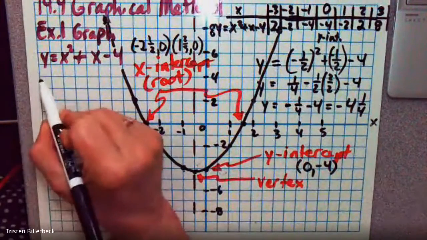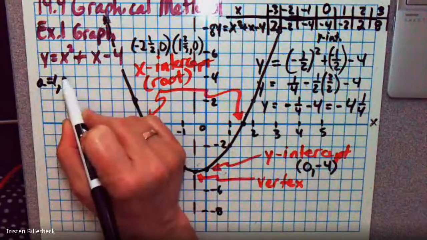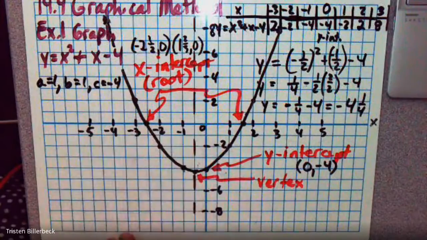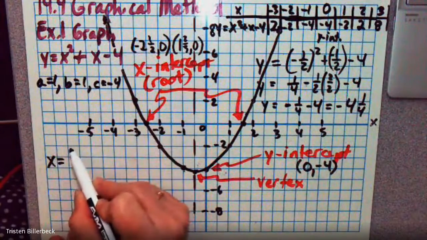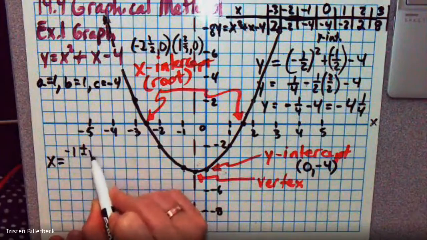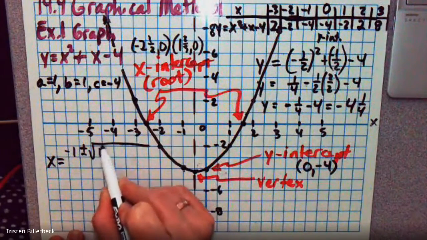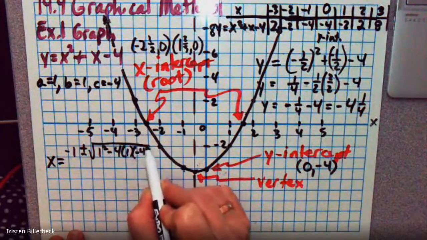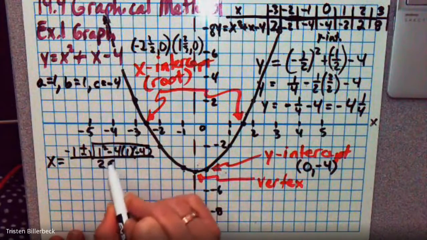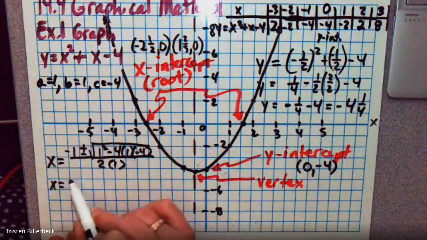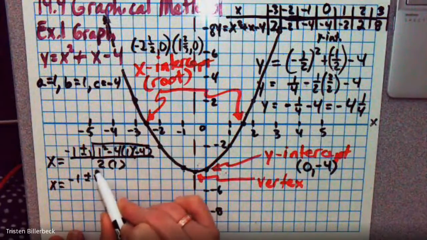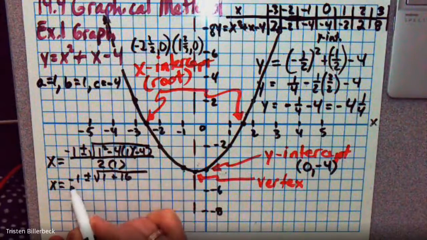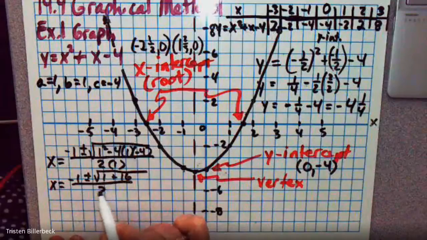So if we have a equals 1, b equals 1, and c equals -4, and put it in here, x equals -1 plus or minus the square root of 1 squared minus 4 times 1 times -4, all over 2 times 1, we get x equals -1 plus or minus the square root of 1 plus 16 over 2.